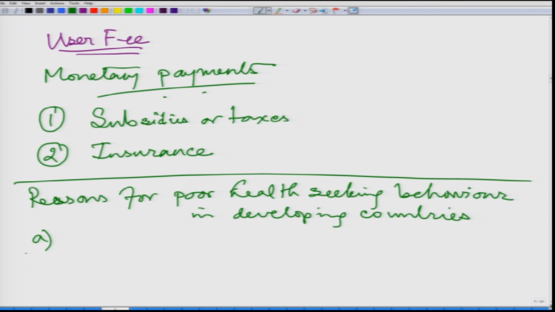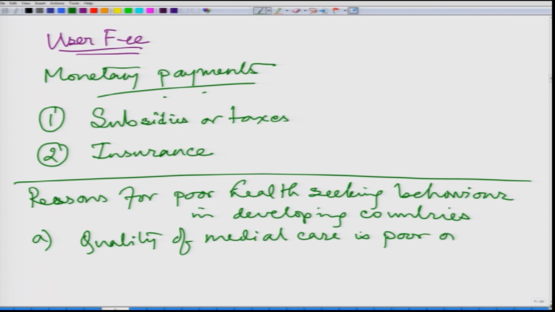One is that the quality of medical care is poor, or the accessibility is poor.